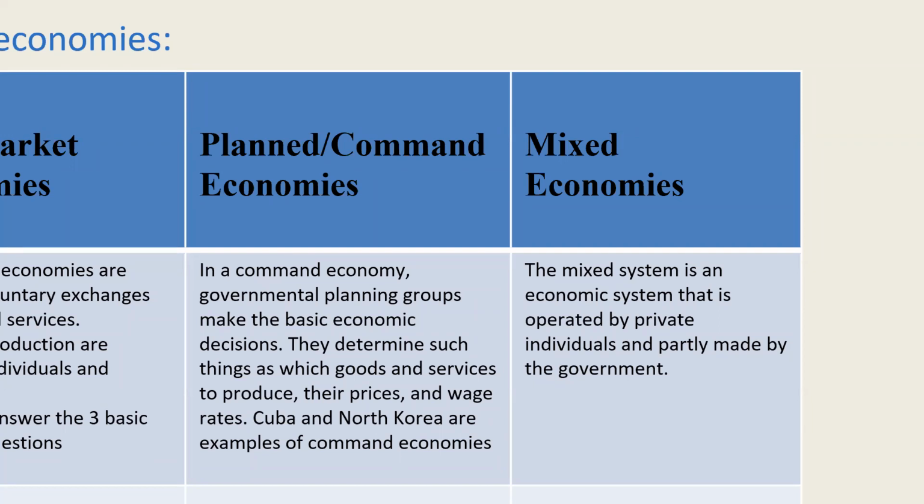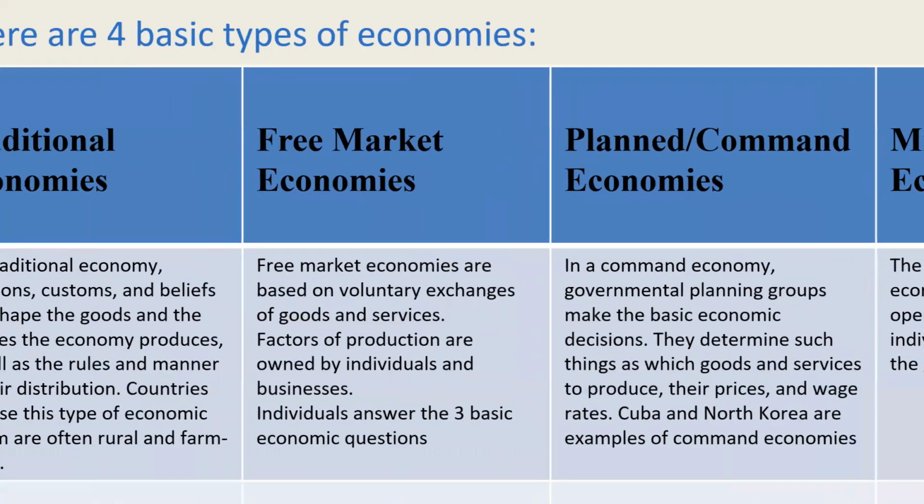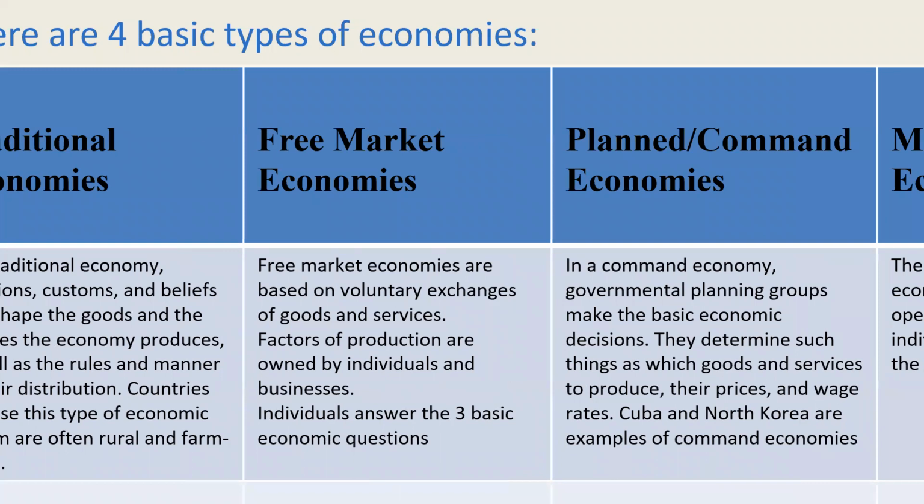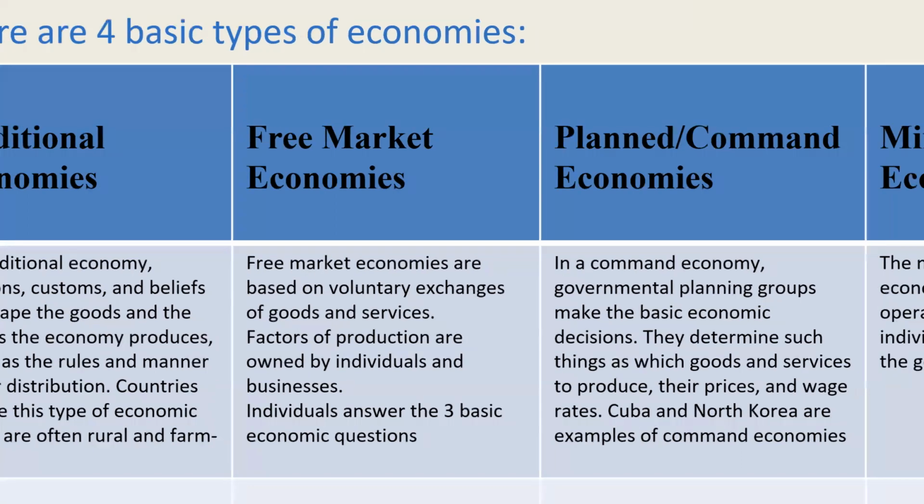Planned economy is just the government. Free market deals with private entities, only private individuals, with no government intervention. No government intervention in the free market, government intervention in the planned.